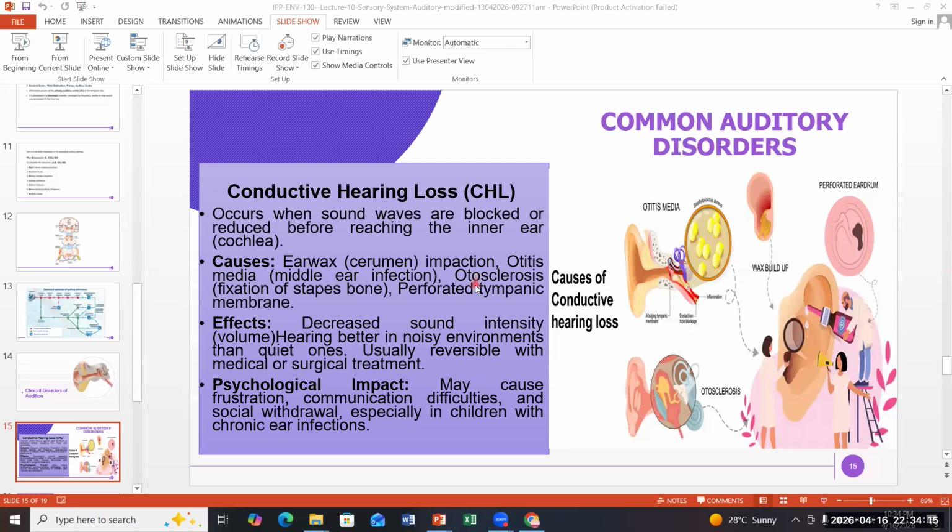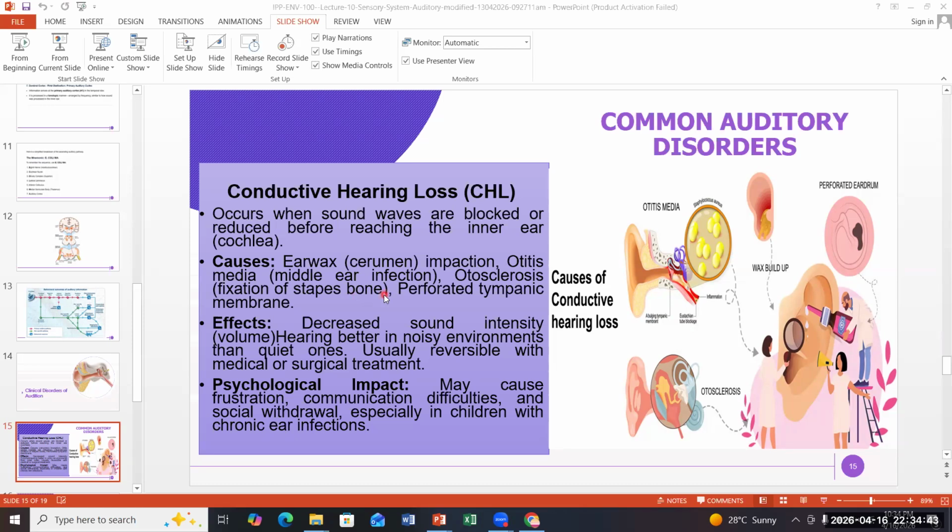The third possible reason is otosclerosis, in which the stapes bone, the last bone which was transferring the sound waves to the oval window, has been fixed and is not vibrating to transfer the sound waves to the cochlear region. This can also be a reason for conductive hearing loss.